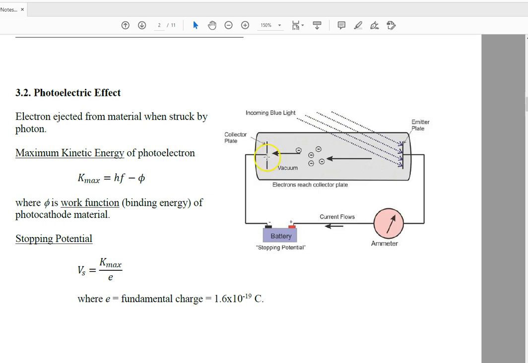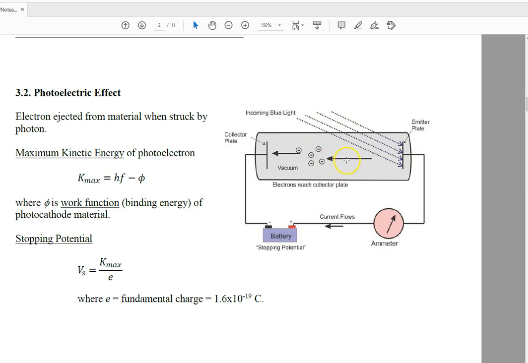The collector plate is connected, in this case, to the negative terminal of the battery, and the emitter plate is connected to the positive terminal. There is an ammeter here, so you can actually measure the current caused by these photoelectrons.